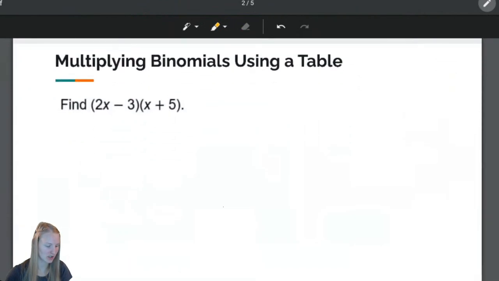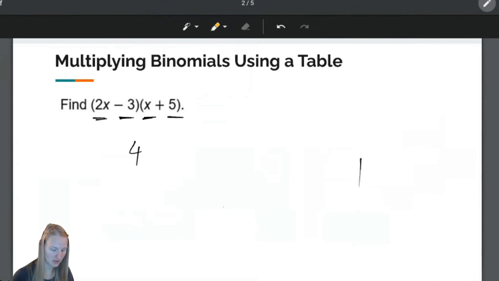Using a table is a lot like if you've ever done Punnett squares in your biology class. This is very similar. Notice how there are 1, 2, 3, 4 terms in all of these binomials. There are 2 terms in this binomial, hence why it's called a binomial, and 2 terms in this binomial, that's a total of 4.